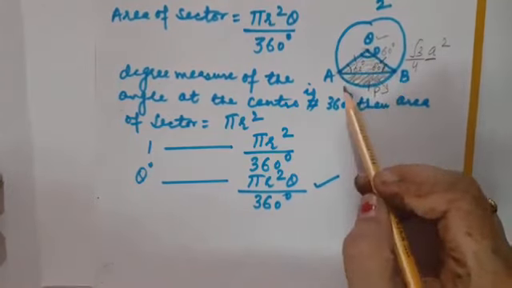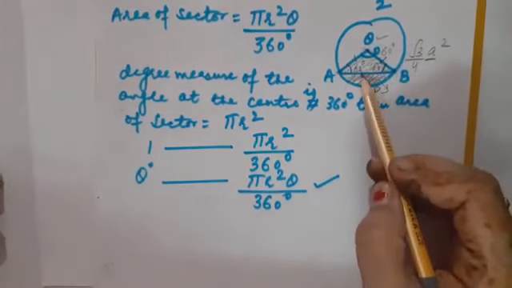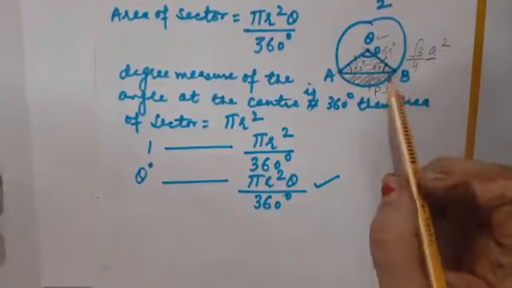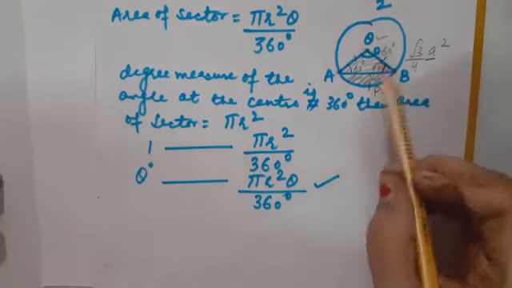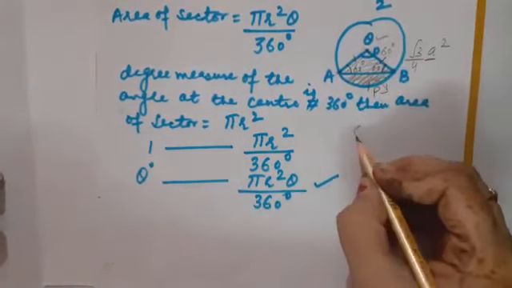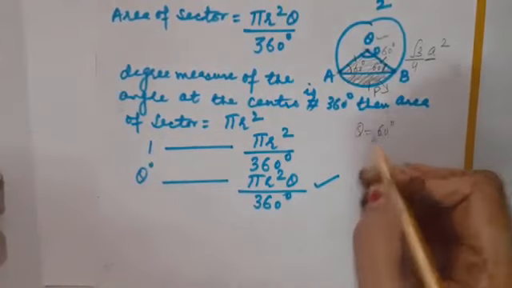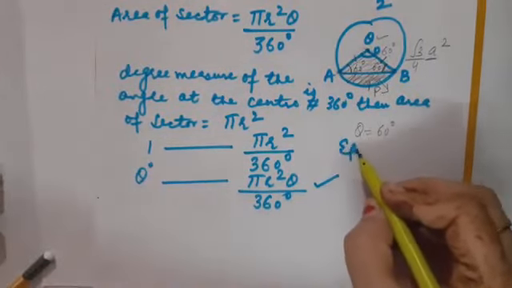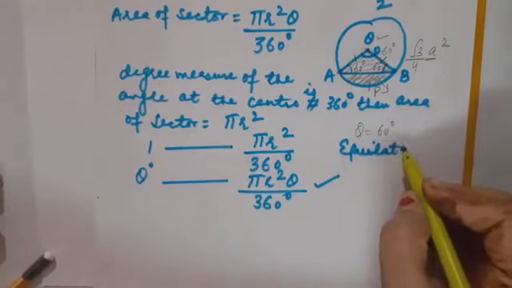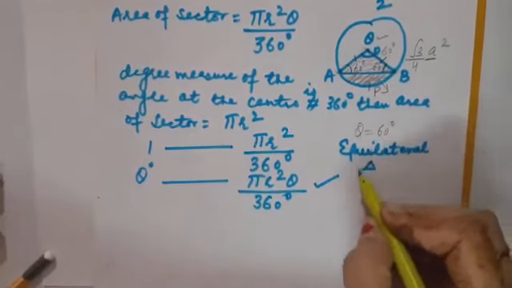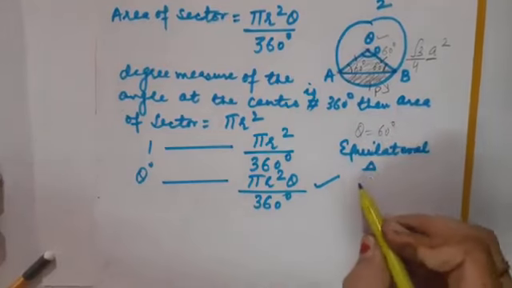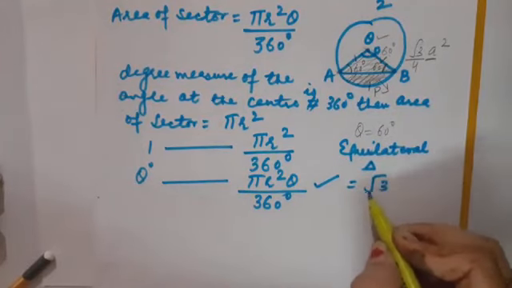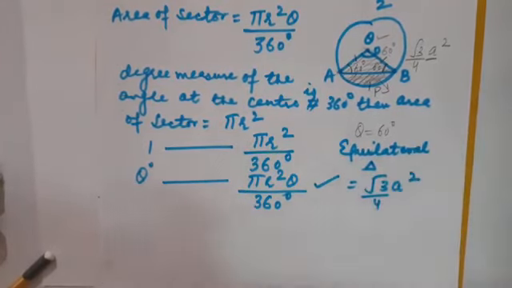Area of sector minus area of triangle. Now it depends on what kind of triangle is going to be formed. As I told you, if theta is 60 degree, means center angle is of 60 degree, then it will become an equilateral triangle. Which triangle will be formed? Equilateral triangle. And you know the area of equilateral triangle, that is root 3 by 4 a square.